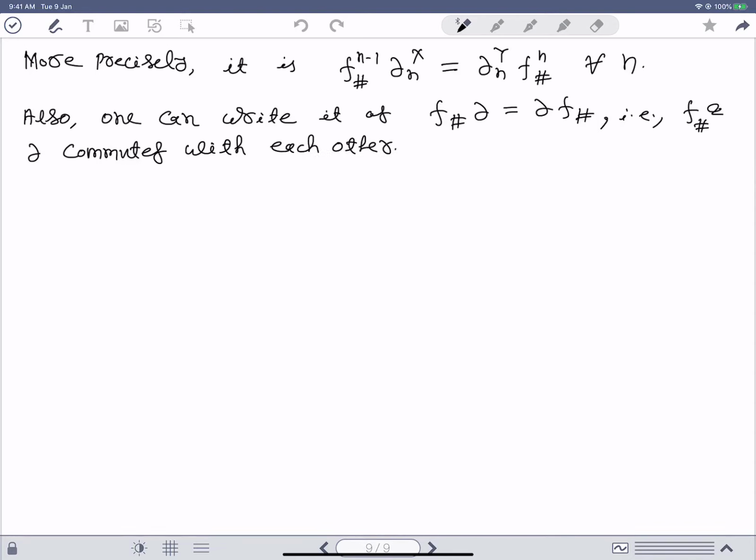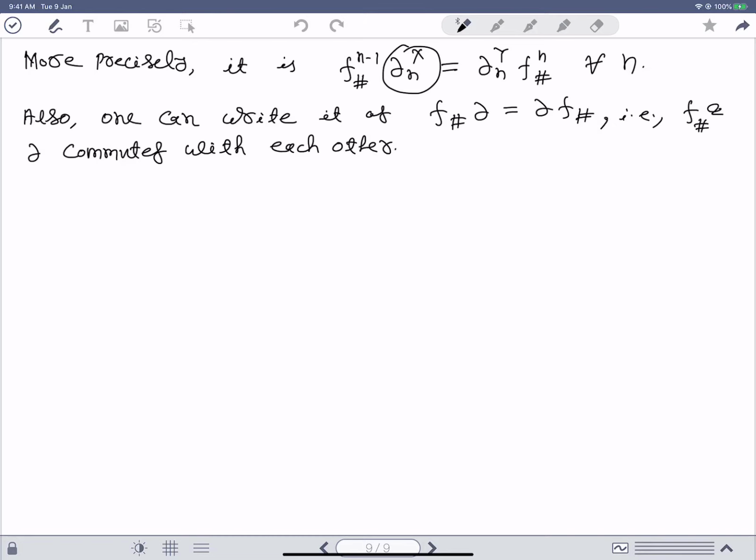Okay, so these are the notations only. If it is well understood, you can exclude that n or x. But here I need del n x and del n y. That is the reason I am writing this.